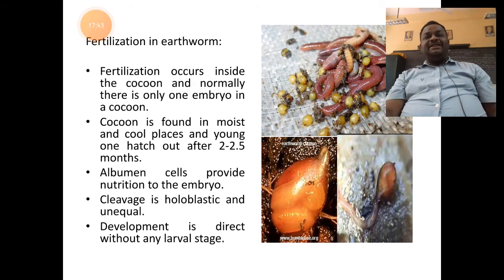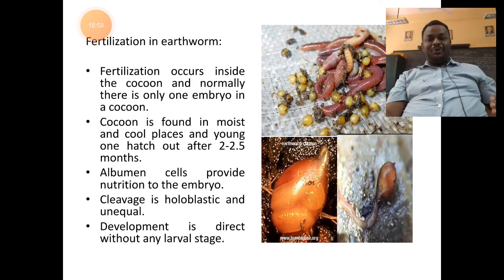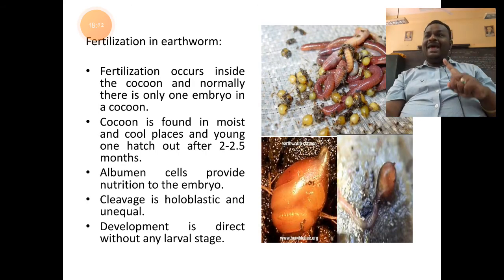So, what happens within the cocoon for the sperms and eggs that are packed inside? Initially, male gametes and female gametes undergo fusion, which we call fertilization. So, fertilization takes place between sperms and eggs within the cocoon. So, we find many fertilized eggs formed within the cocoon, but only one embryo develops or grows into a tiny earthworm and comes out of the cocoon.